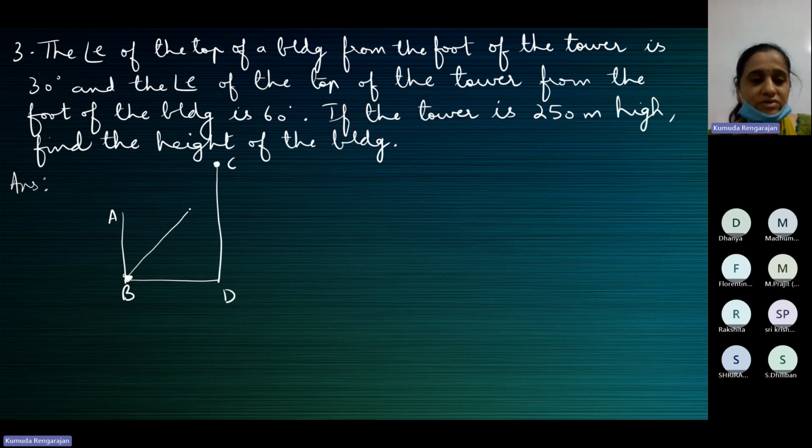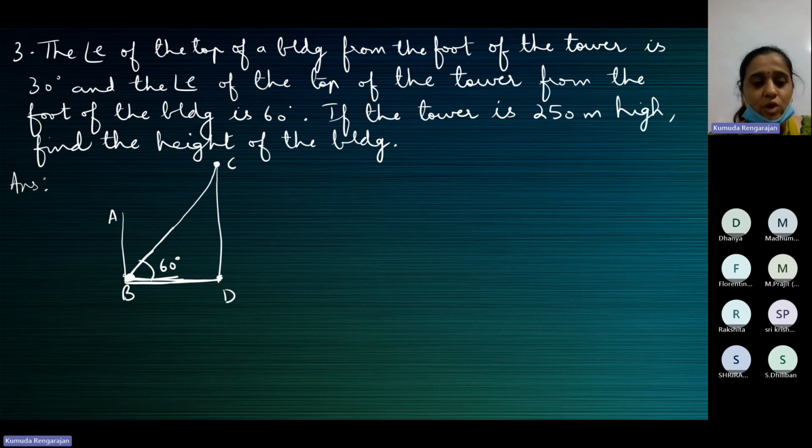This is the line of sight. This is the horizontal, because the ground level itself is the horizontal. The angle between the horizontal and the line of sight is the angle of elevation, which is 60 degrees.